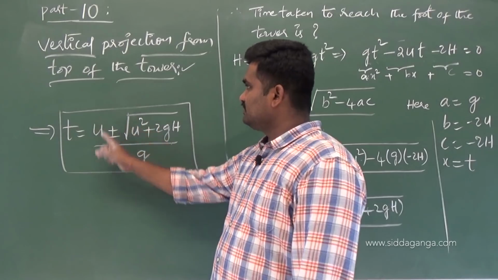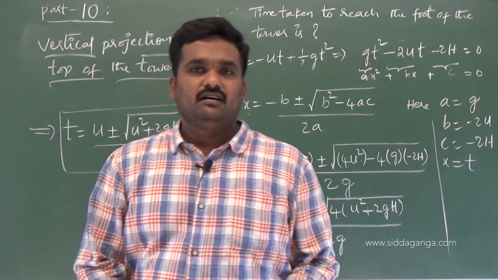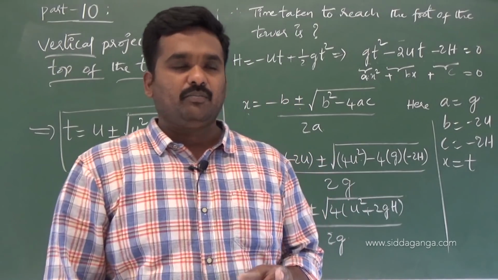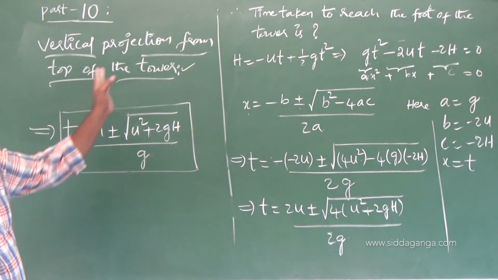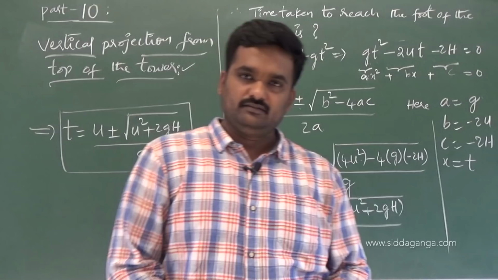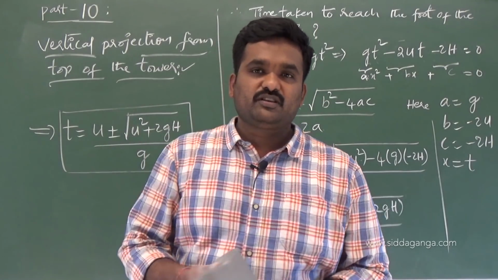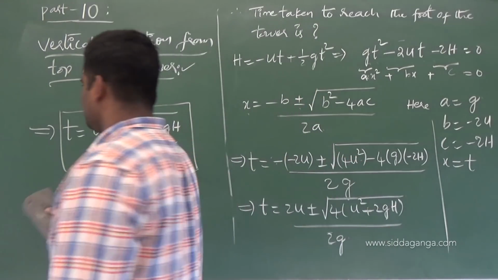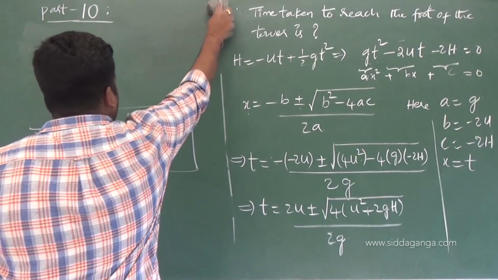Okay. So this is about the expression for the height of the tower and the time taken by the vertically projected body from the top of the tower to reach the ground. This is the relation you have to remember. I hope you got all the points related to projection from the top of the tower. Where all you can make use of this application of projection from the top of the tower. They will ask you the top of the tower problems in n number of ways.